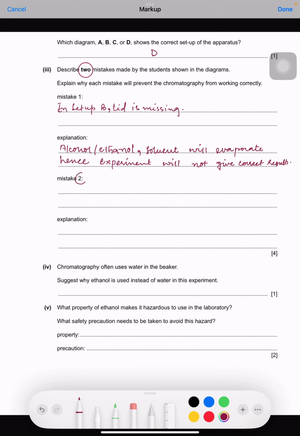Okay, mistake number 2, we can say in C, or you may say in A. Okay, let's say in A. In A, the baseline, slash the start line, is drawn in ink.